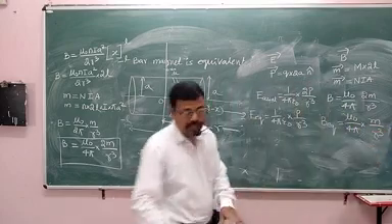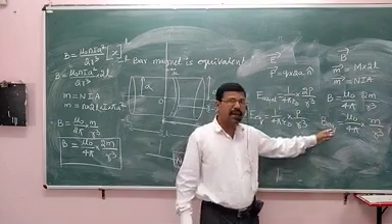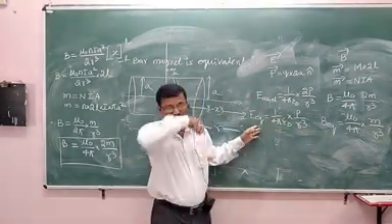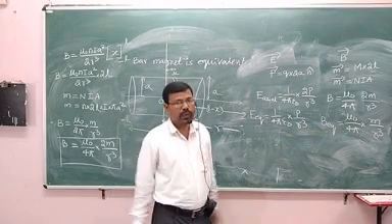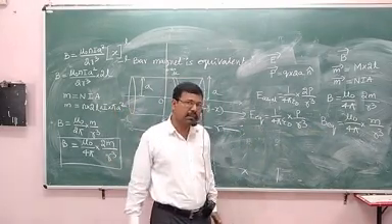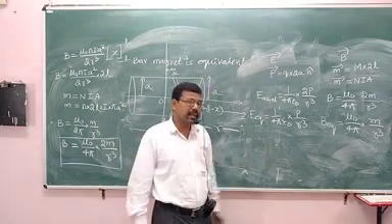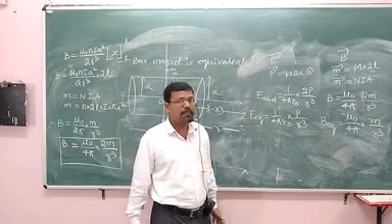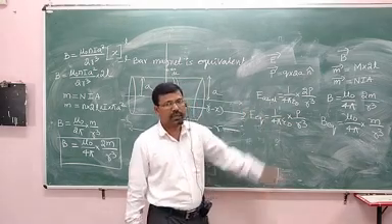This is the magnetic field at a point on the equatorial line, and this is the electric field at a point on the equatorial line. So this is a very nice comparison between the electric field and magnetic field. This completes the comparison between electric field and magnetic field.